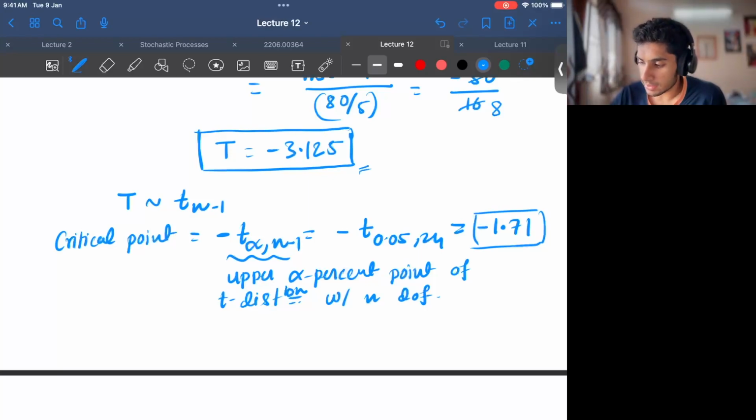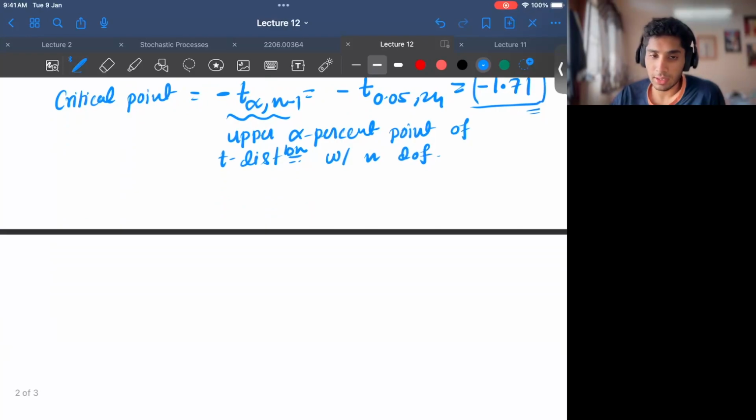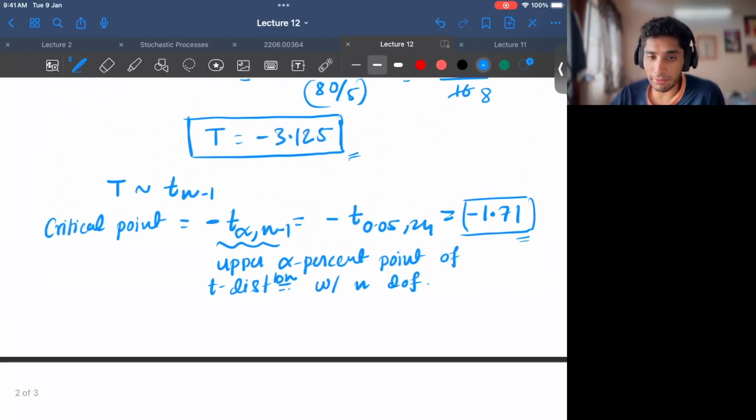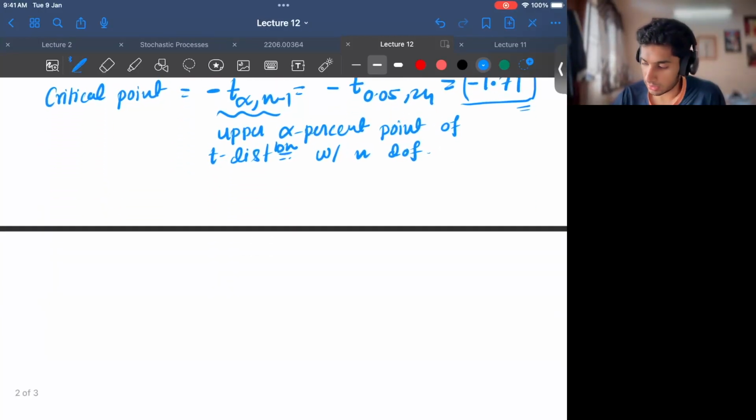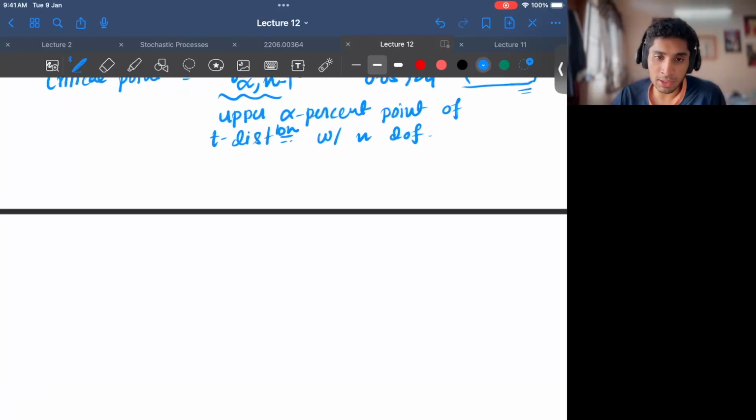So you have calculated the test statistic, and you have calculated your critical point. Now, given this, will you accept or reject the null hypothesis is the question. Since you are dealing with a t distribution, your test statistic t is less than the critical point.